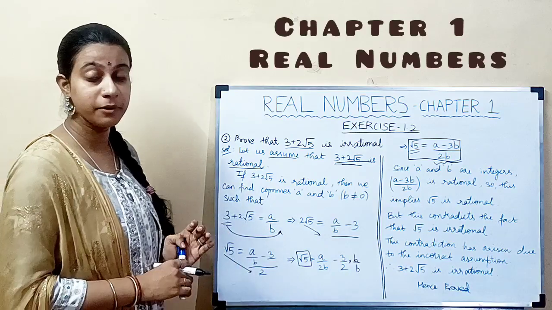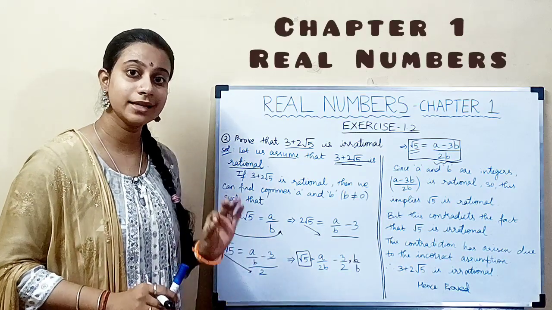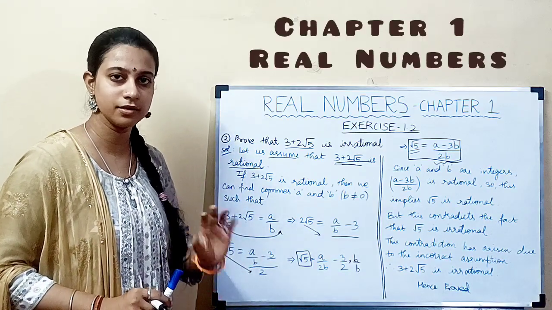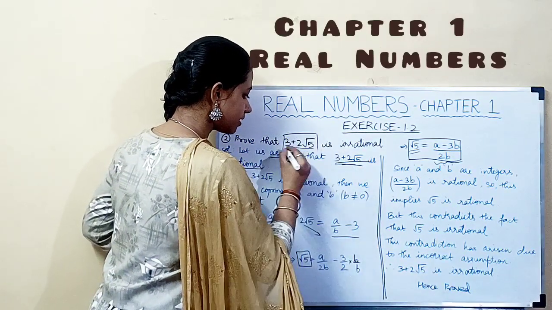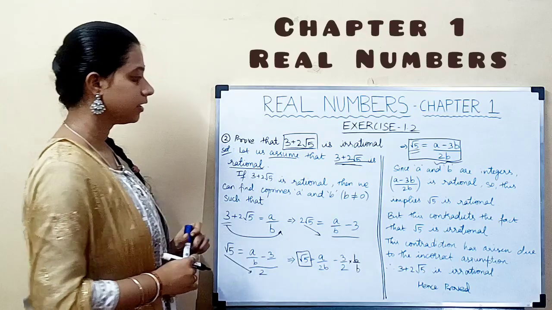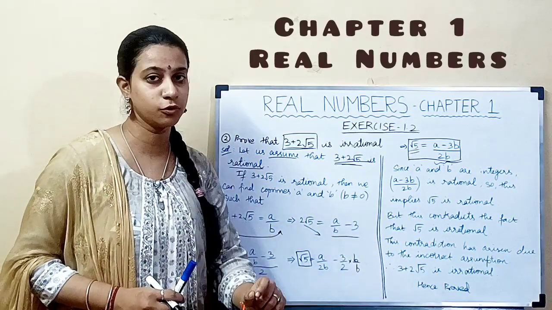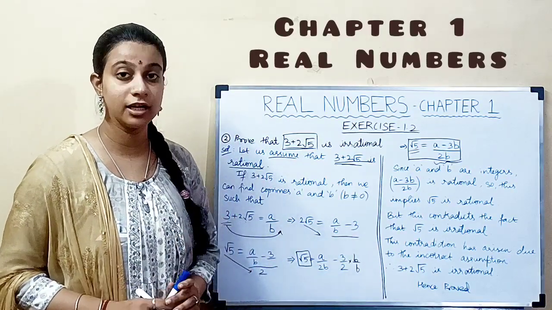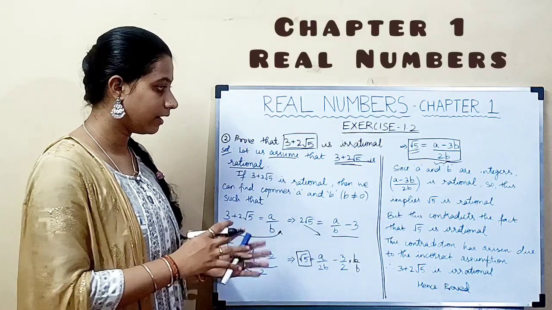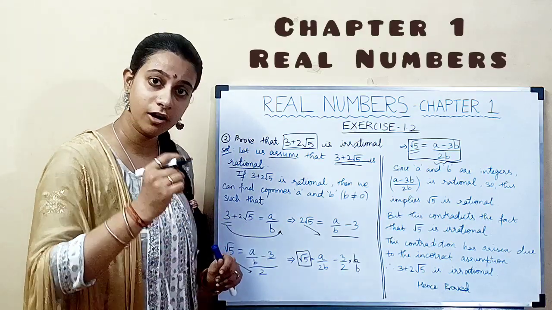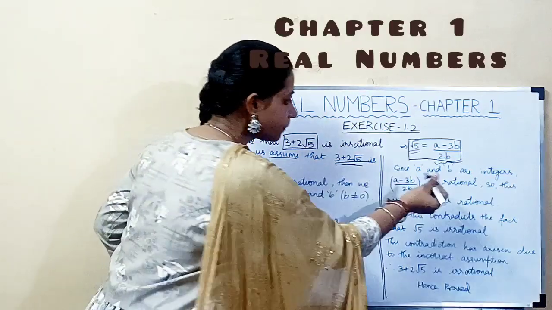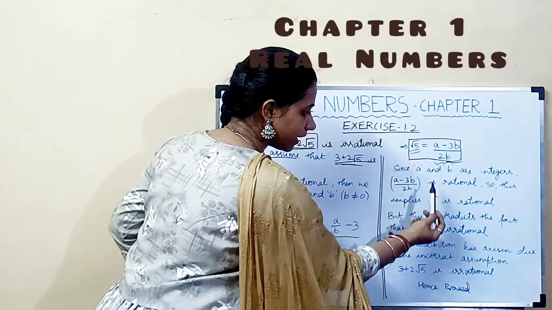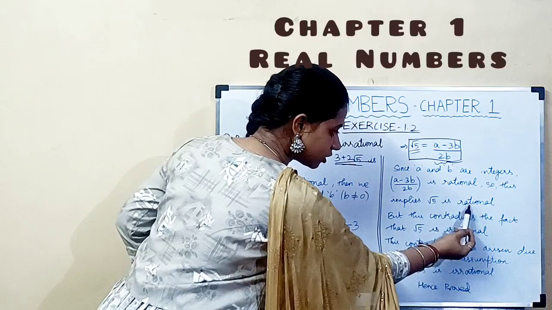In the previous question, we proved single root values as irrational. But here you see, these are a combination of numbers. Here we should prove 3 plus 2 root 5 is irrational. So we take it in the way that we already know root 5 is irrational. That is why we are saying that by this step we are getting root 5 as rational.